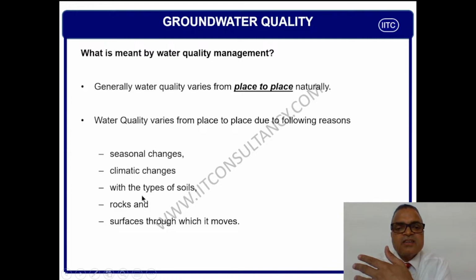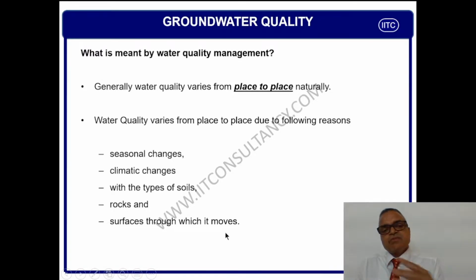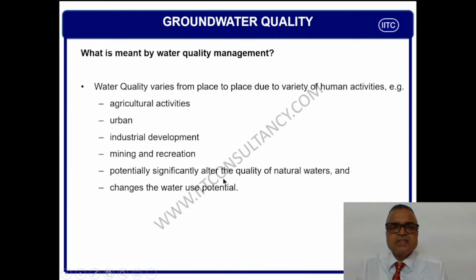Sometimes there are rocks in the soil, and because of the rocks, the quality of water will change. Then the surface through which it moves: sometimes water moves on the upper surface or in the inner surface. So these are all the reasons why water quality varies from place to place. This is a natural process.